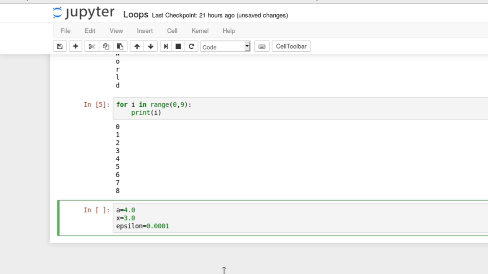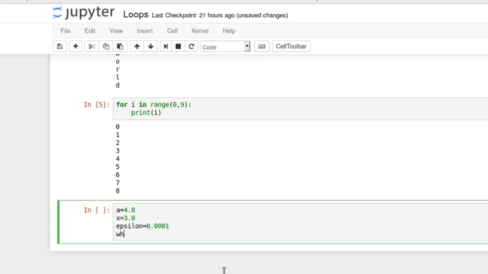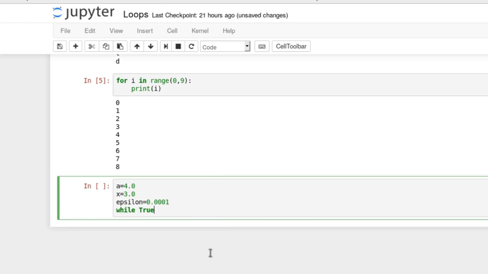This will be used to find whether the difference is very small. Then we will be writing our loop, that is an infinite loop. So, we will be writing while True. This loop will always be true and it will always be running. If you wanted to write an infinite loop, you need to write while True.